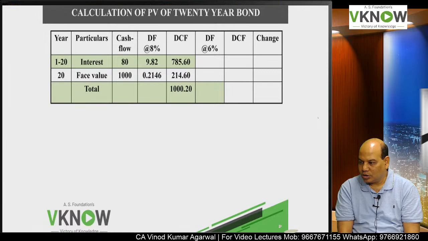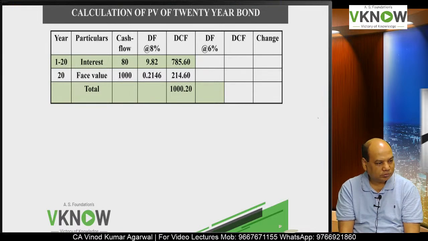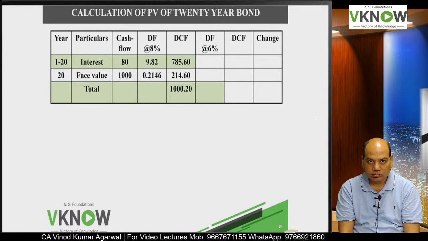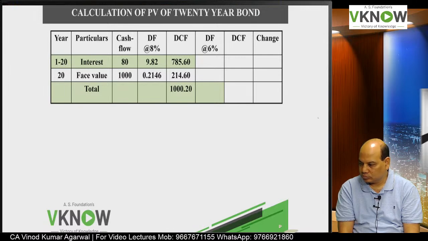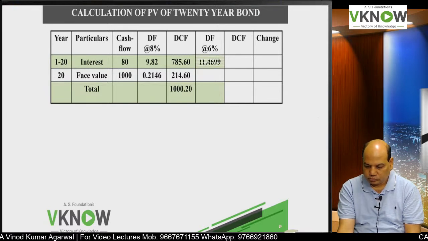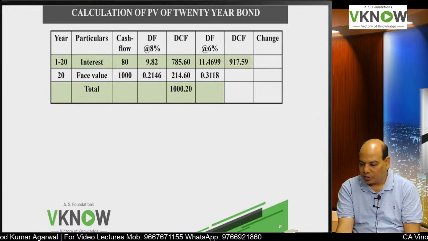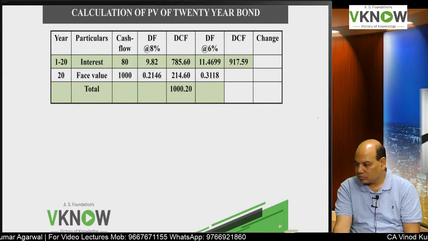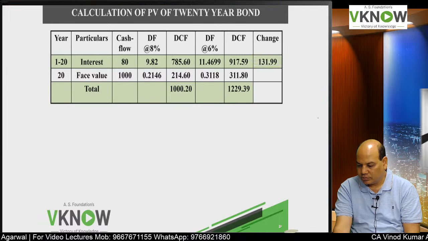Anybody who got the total of the DCF column at 6%? Total, please reply fast. Check the factors. Check the total.